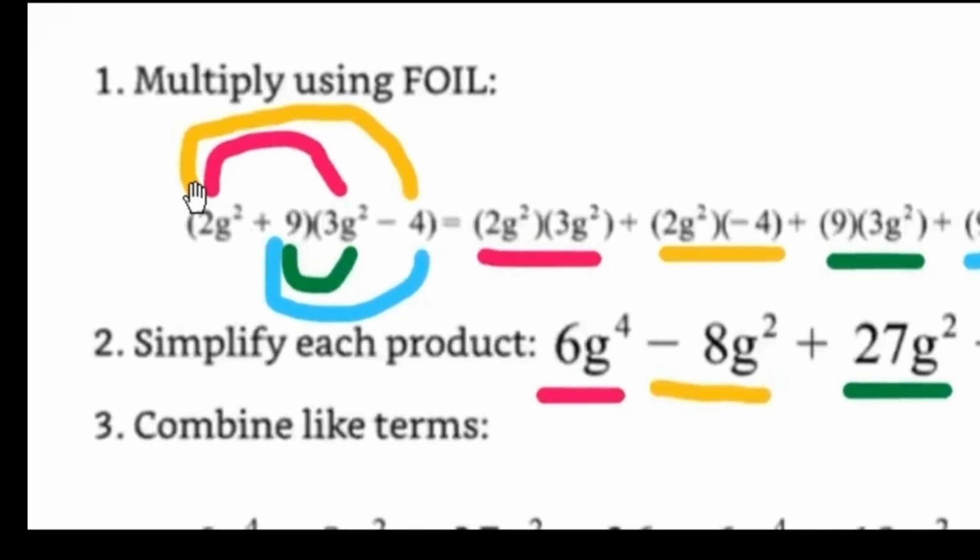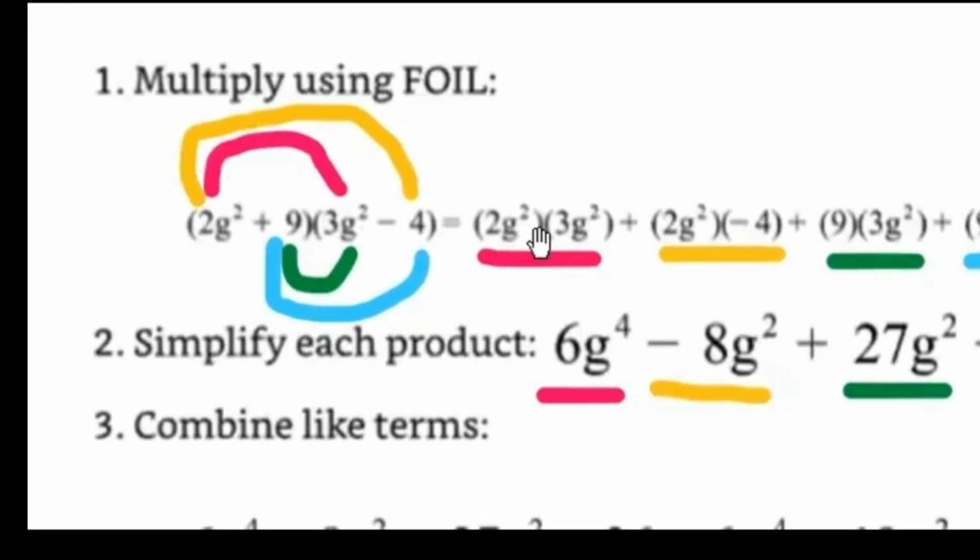We're going to start with the first term, and we're going to multiply the first term in our first set of parentheses by the first term in our second set of parentheses. So 2g squared times 3g squared is what you see going on here. 2 times 3 is 6. g squared times g squared is g raised to the 4th power. Okay.